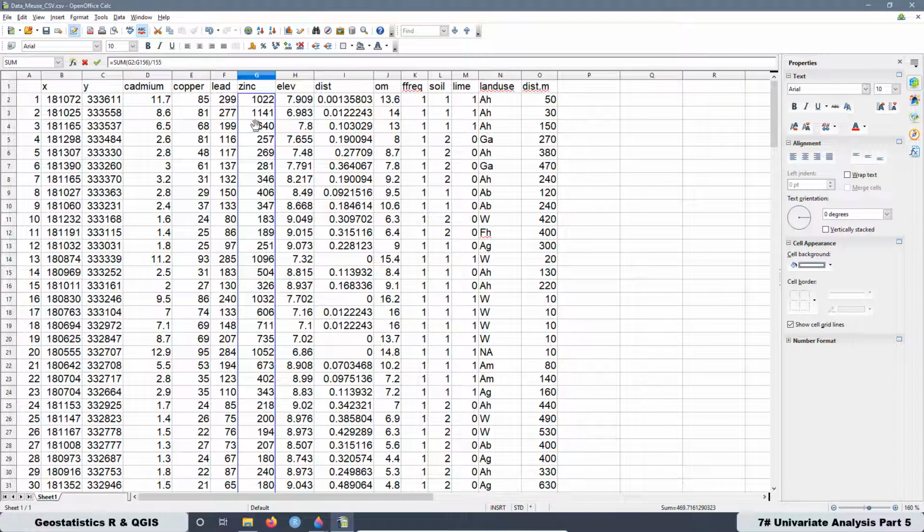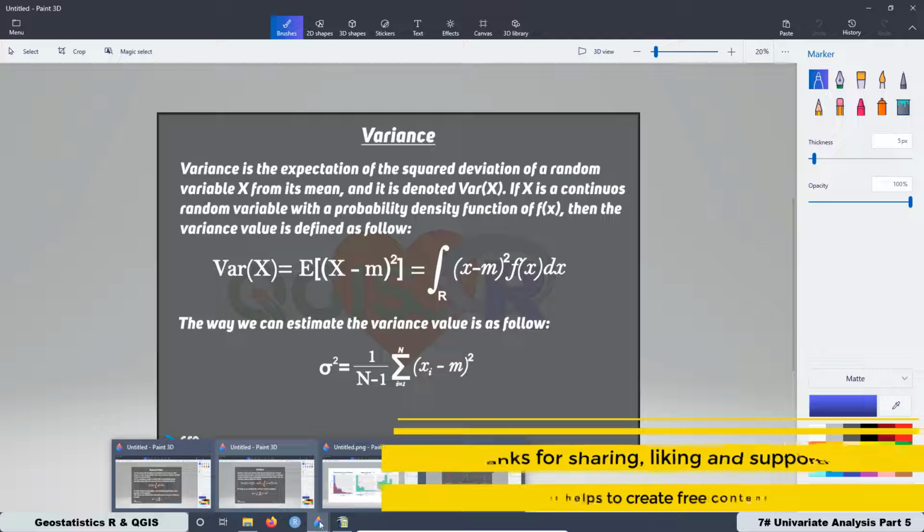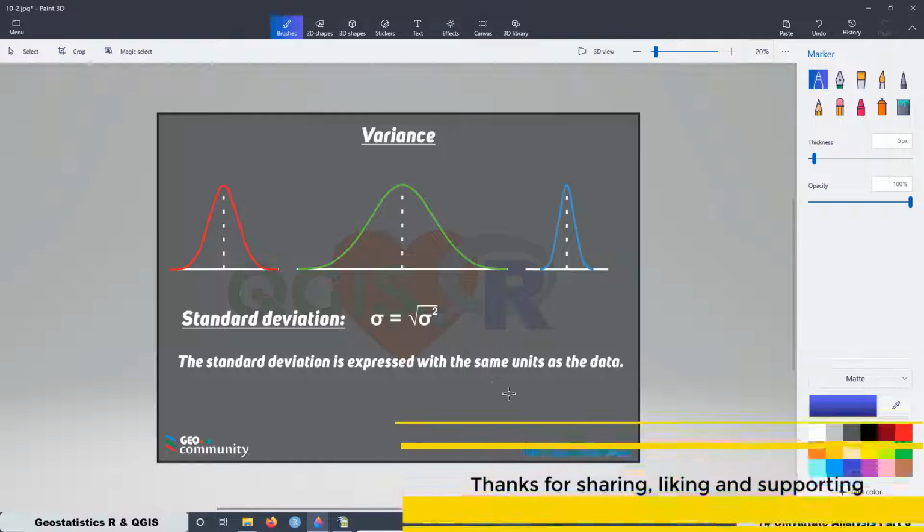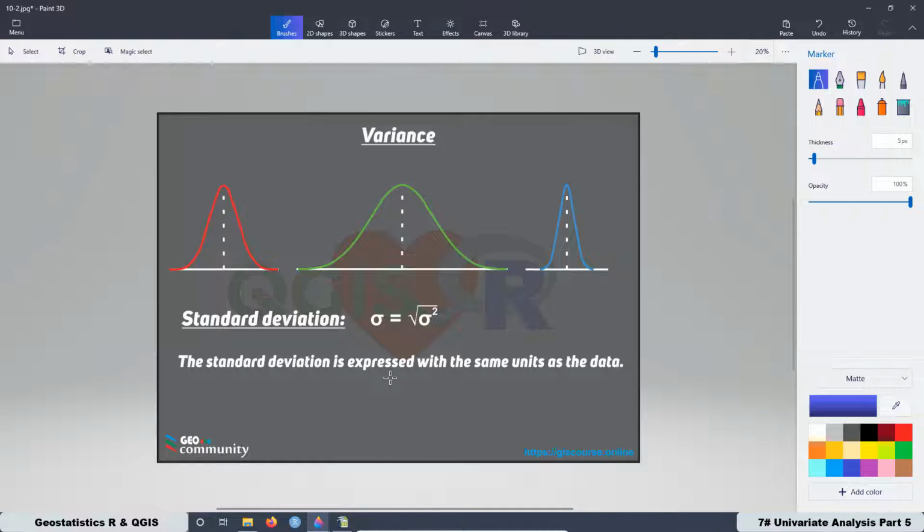Because here we have ppm, it's like we are doing ppm squared, right? But when we take the square root of the variance, we are going to have the same dimensions as our data, and that is important. But at the end, variance and standard deviation represent the same information: how is the deviation of our data from the mean value?